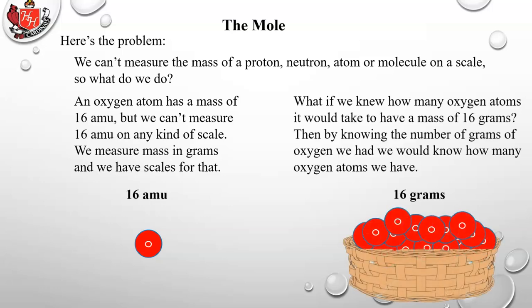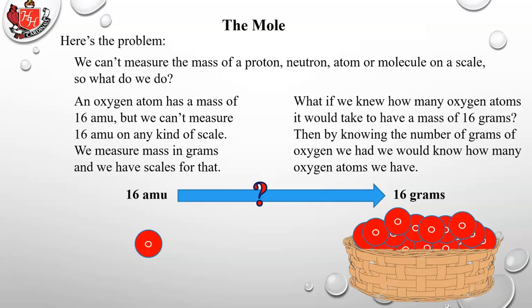So what if we knew how many oxygen atoms it would take to have a mass of 16 grams? Then by knowing the number of grams of oxygen, we would know how many oxygen atoms we have. So there you see 16 atomic mass units, and on the right you see 16 grams. Notice the numbers are the same, but the unit of measure has changed from AMU to grams.